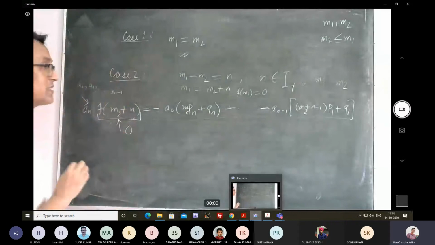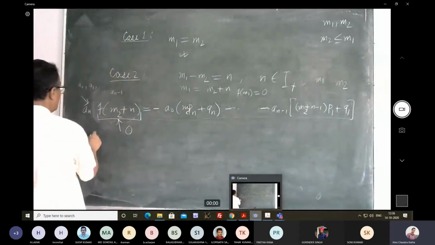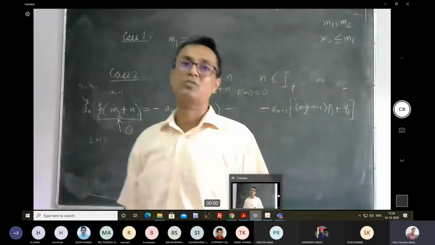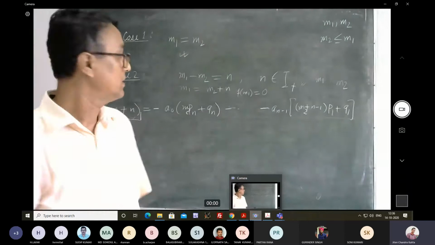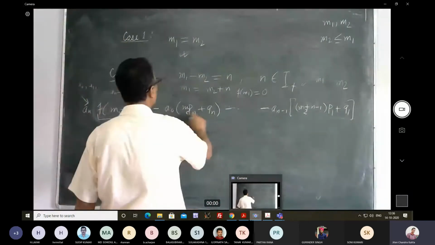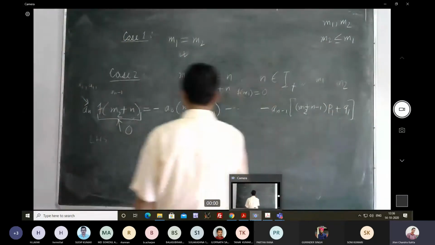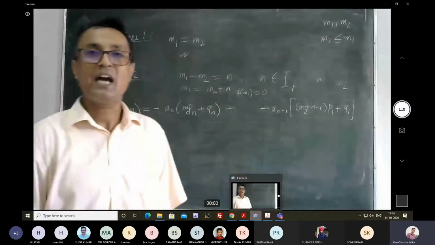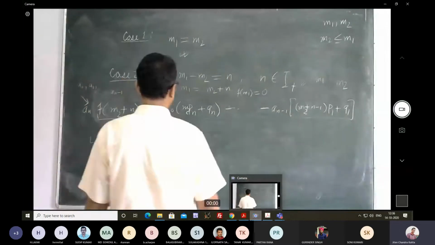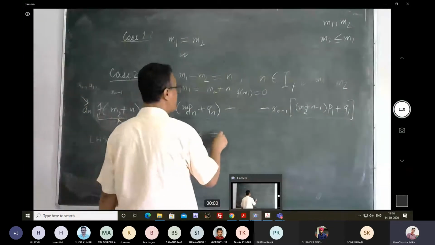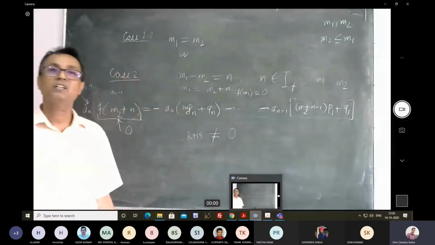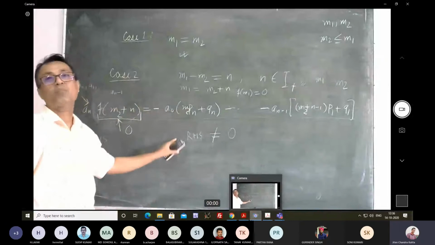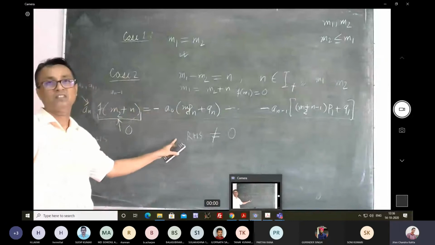So now, what is happening? You have here a left hand side which is 0, but right hand side, I'm not sure what is going to happen to the right hand side. I mean, if you plug in all the known values here, and I am assuming that a naught up to a n minus 1 is already available at my hand, it may so happen that your right hand side may not be equal to 0. Right? So in that case, we have a problem. We cannot go further. Okay?